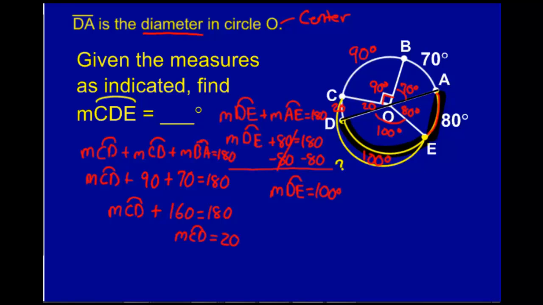This yellow line, follow it along here, CDE. Well, that's 20 plus 100. So we're looking at 120 degrees. Okay? So, a little bit of work, but we want to use those things. What do we have? Where's our diameter? Where are things 180? Recognizing again the central angle and the intercepted arc are the same.